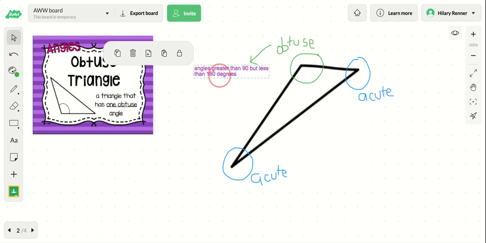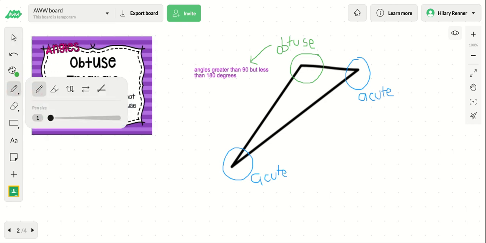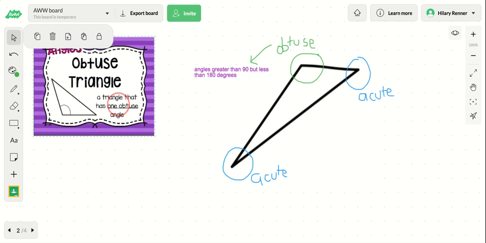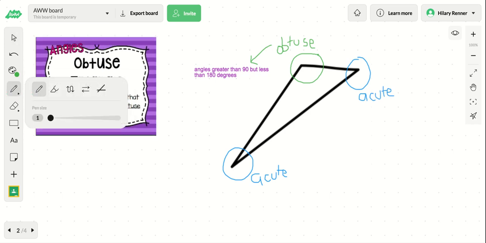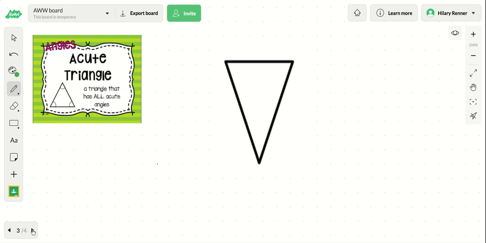It's greater than 90, but less than 180. So the obtuse triangle has one obtuse angle, just like it says in here on the picture. I will circle it for you, right here on the picture. One obtuse angle.